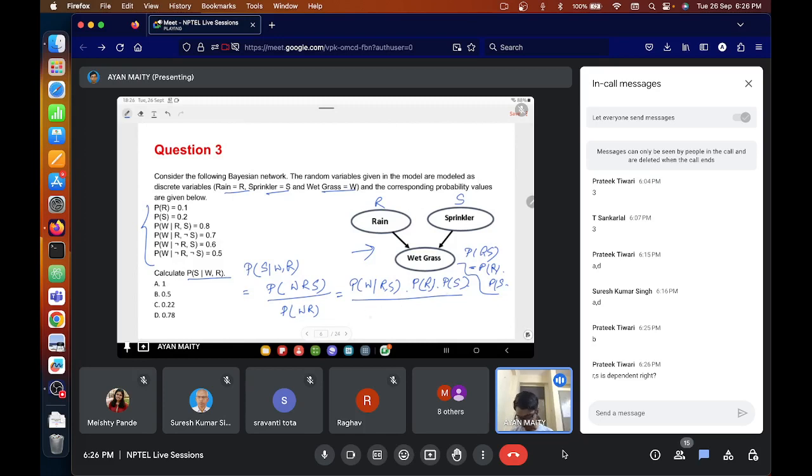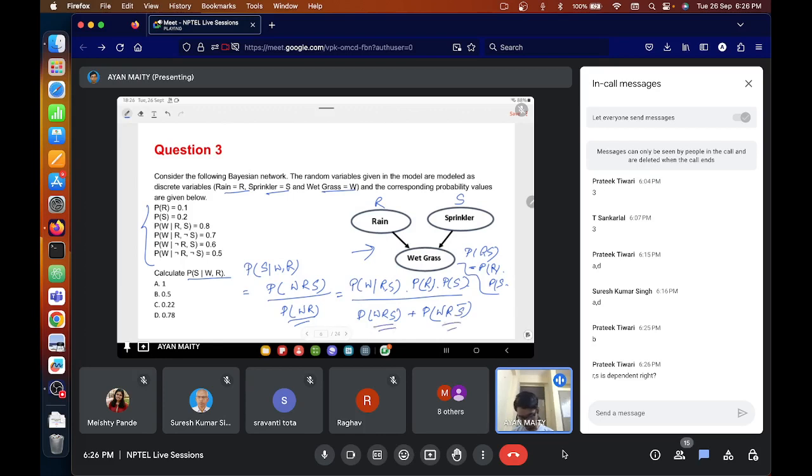And then in the denominator we can write probability of WR. This can be rewritten as probability of WRS plus probability of WRS complement. And then again we have to expand these two.